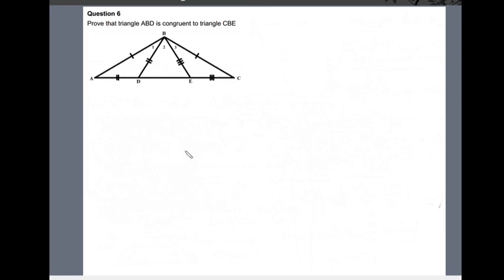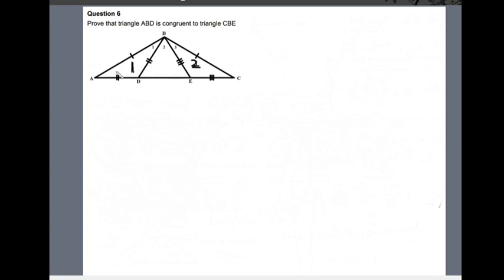So question 6, we must prove that triangle ABD is congruent to triangle CBE, right? So we want to prove this triangle is congruent to that triangle.